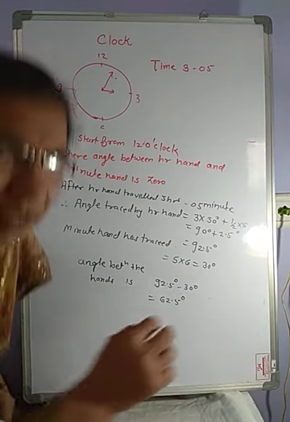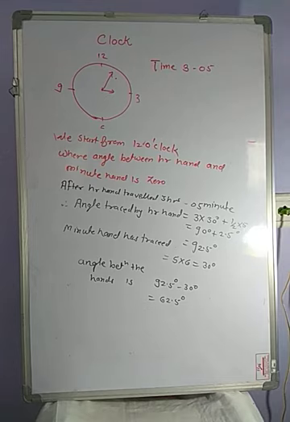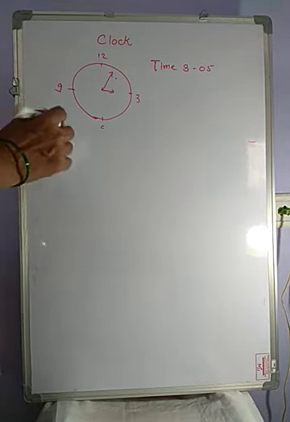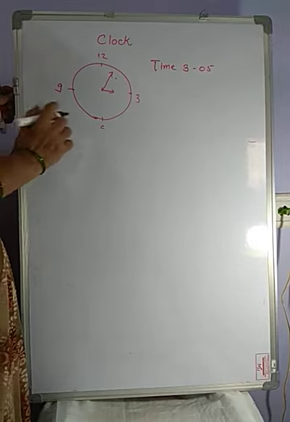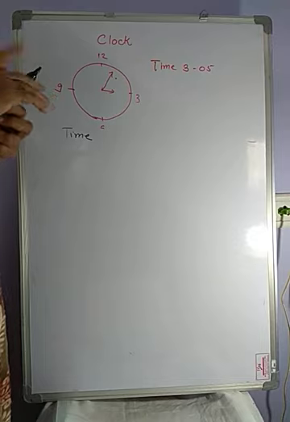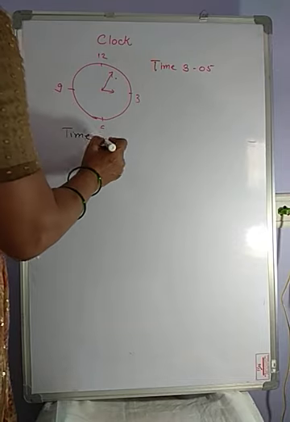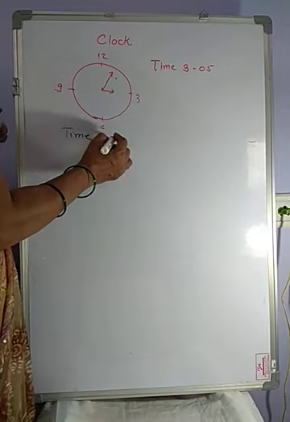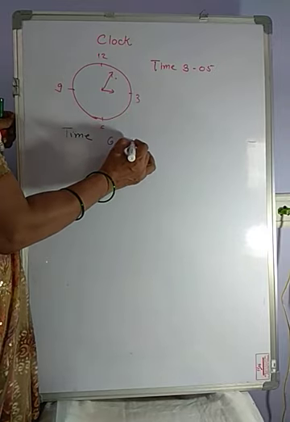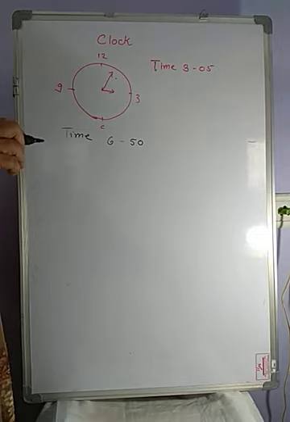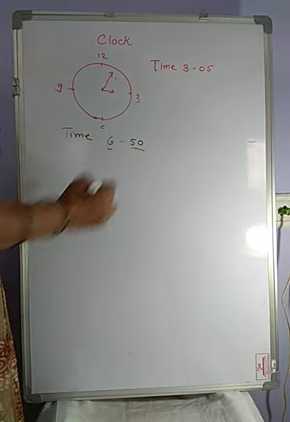I am going to take another example. What is the angle made by the hands at time 6:45, or rather I will take an even integer, 6:50. Now these are minutes and these are hours.